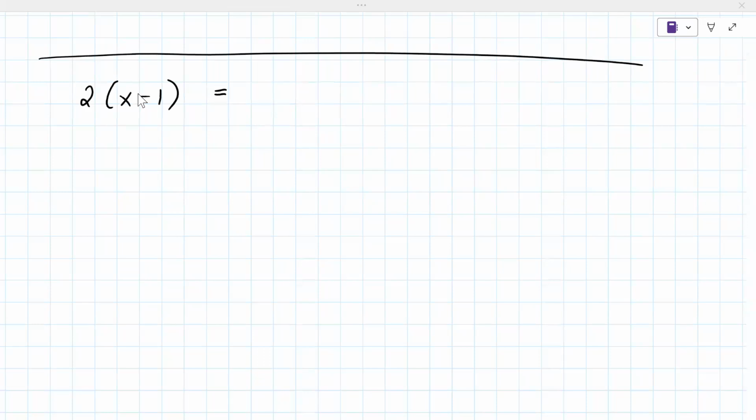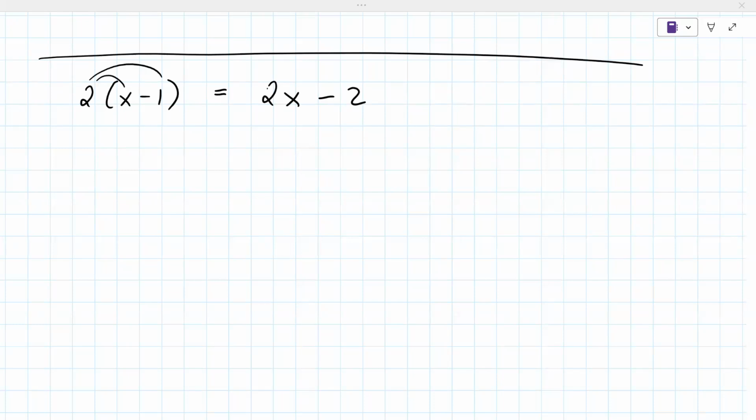What do you do with the 2 on the outside? Wouldn't you distribute it? Exactly. What does that become? 2x minus 2. Yes.